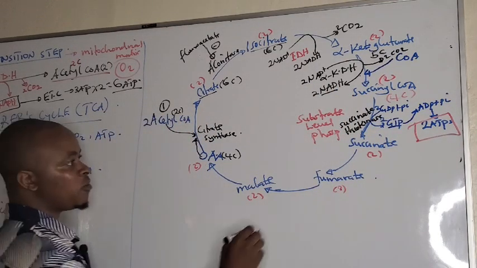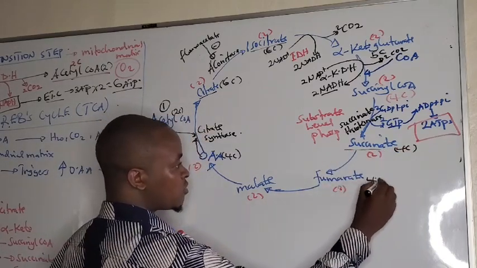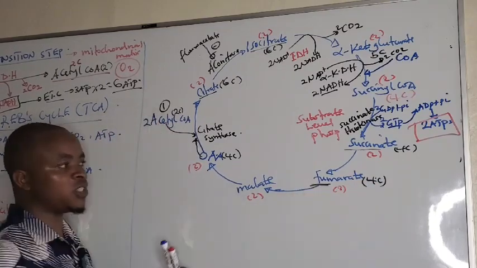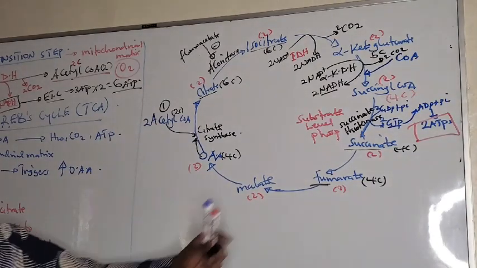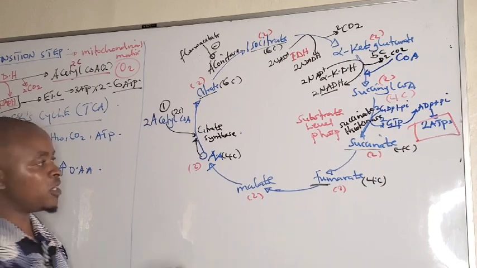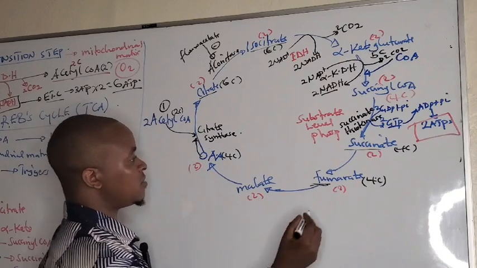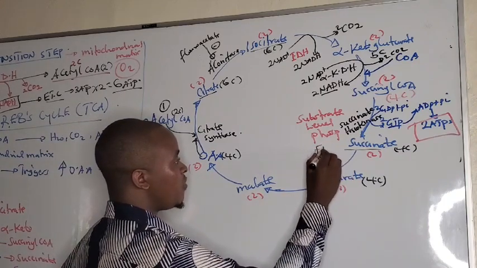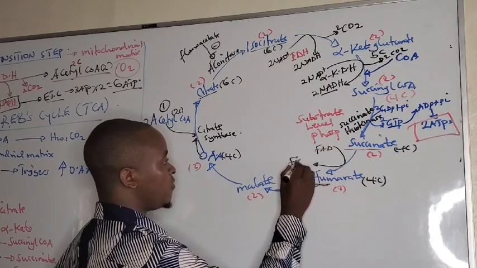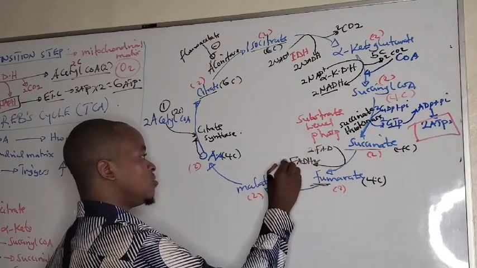And this succinate, which is formed, is still a 4-carbon sugar. It is converted to fumarate, which is also a 4-carbon sugar. And because we are going to form fumarate, which begins with F, I no longer think of NAD, but I think of FAD, because it also begins with F. But when I have FAD, it is reduced to FADH2. 2 molecules.